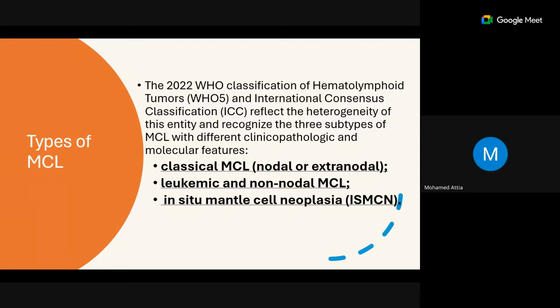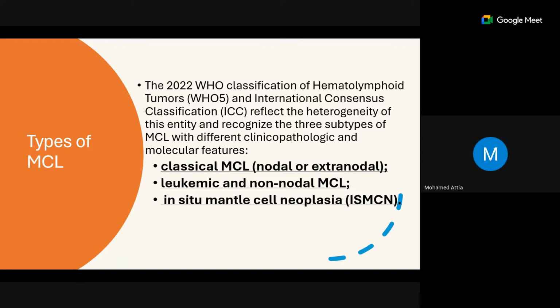Number three, something called in situ mantle cell neoplasm, or ISMCN. This is some kind of pre-malignant disease. The era today in this century is of a pre-disease, not the disease itself. If there is a predisposition to the disease, like pre-diabetes, pre-hypertension, we even have pre-malignancy.